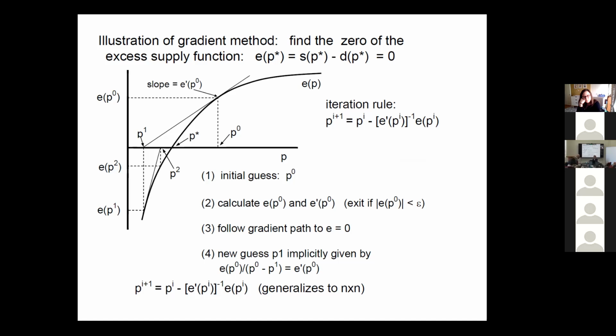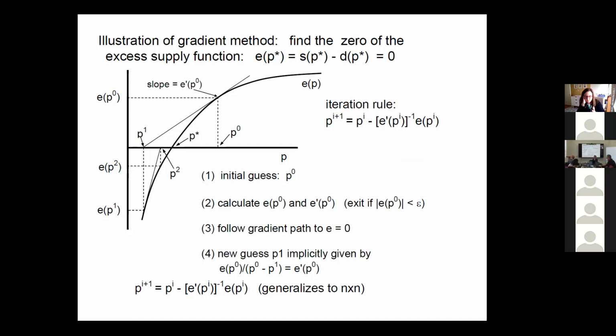There are two practical things for modeling. First of all, this isn't going to work unless the function E of P, excess supply, is differentiable. It's not going to work if there are kinks.